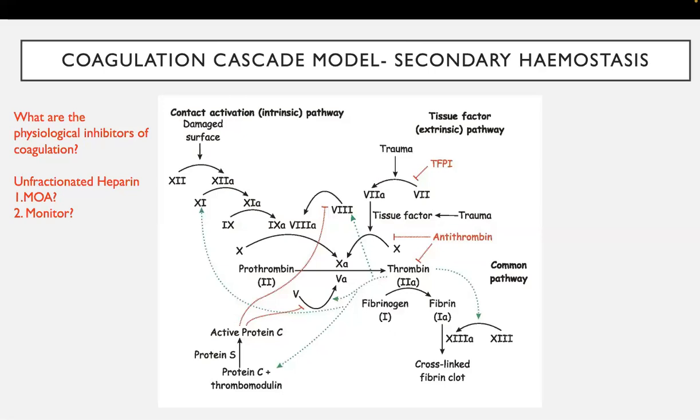So it potentiates the effect of antithrombin 3, and then what's the effect of antithrombin 3? What does antithrombin 3 inhibit? Antithrombin 3 inhibits the activated factor 10 and activated factor 2, which is thrombin. Good, well done. So how do we monitor it?